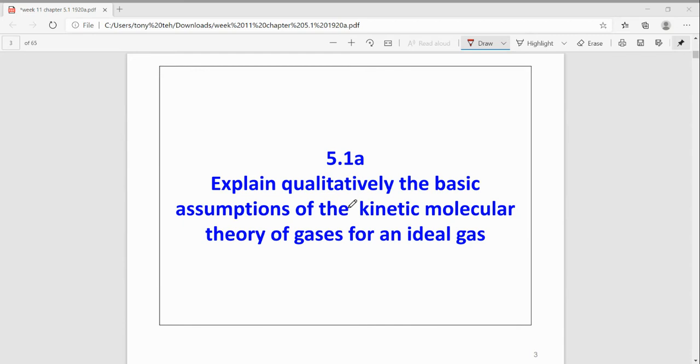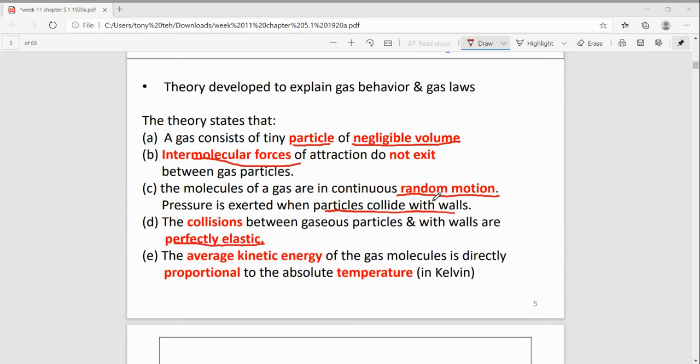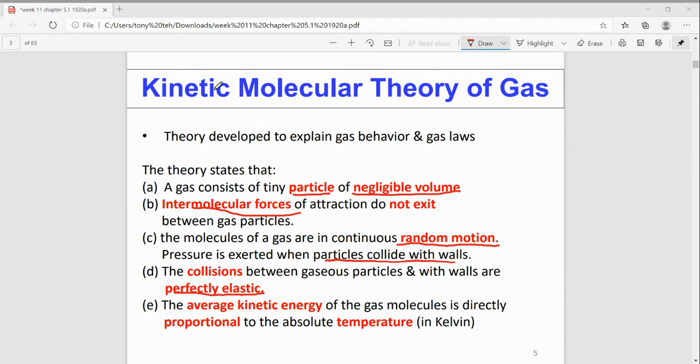Now let us revise again the qualitative basic assumptions of the kinetic molecular theory of gases for an ideal gas. The theory states that a gas consists of tiny particles of negligible volume.